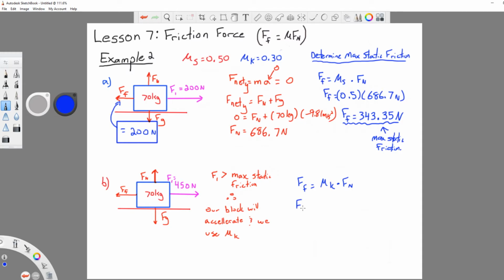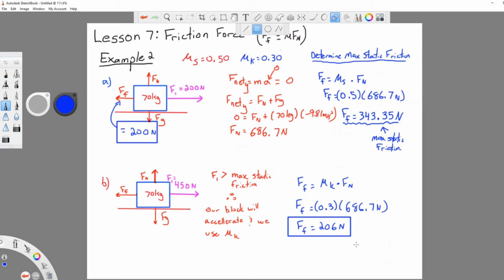And that leads us to force of friction, which is 0.3 times, what was the normal force up here? 686.7. And when we plug that into our calculator, we get a value of 206 newtons.